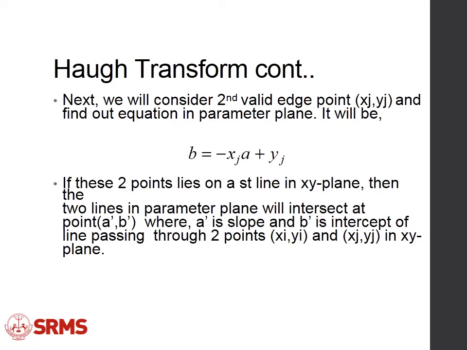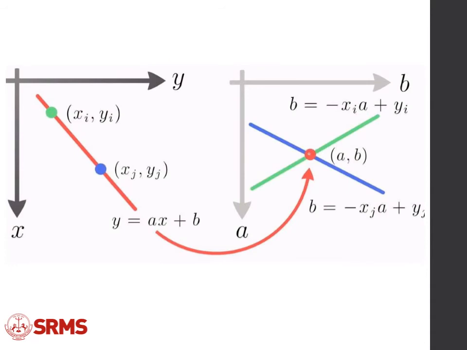If these two points lie on a set line in the xy plane, then the two lines in the parameter plane will intersect at the point (a', b'), where a' is the slope and b' is the intercept of the line passing through the two points (xi, yi) and (xj, yj) in the xy plane. Now we have the intersection point, transformed from the previous xy plane to the ab axes, which replace x and y respectively.